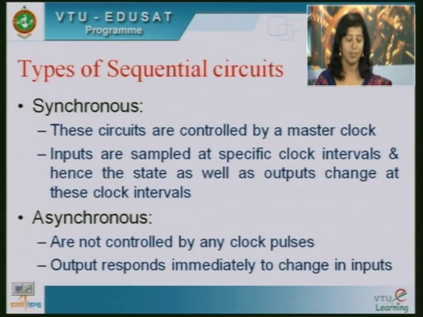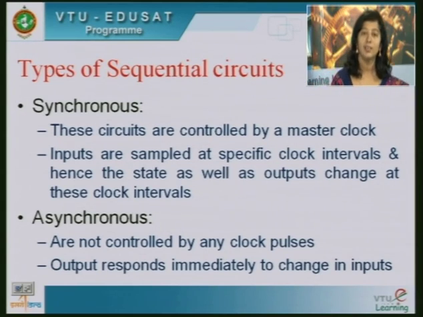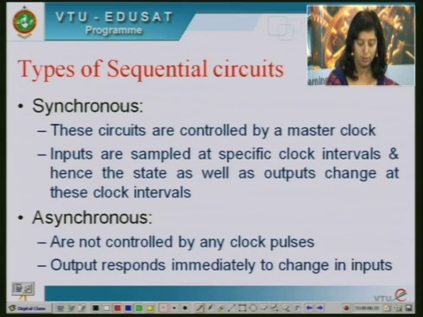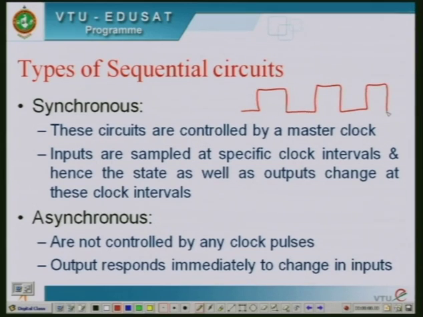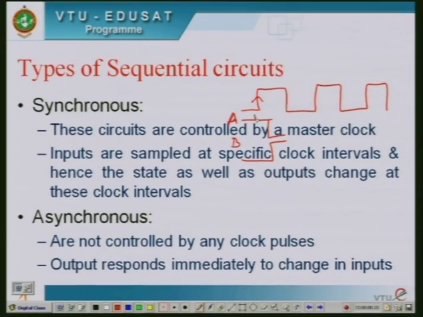Generally, what clock signals do we use? We normally use square waves for clock signals. At the rising edge the inputs are sampled, maybe input A which is high and input B which is low. Input A is high, input B is low; this is 1, this is 0.